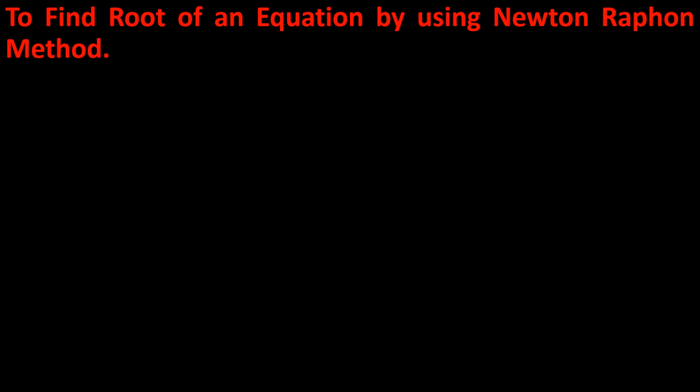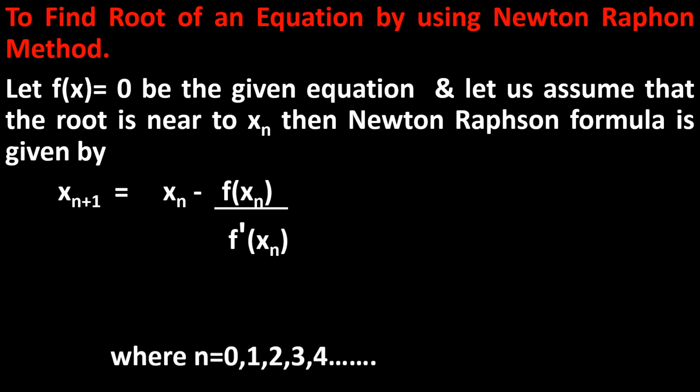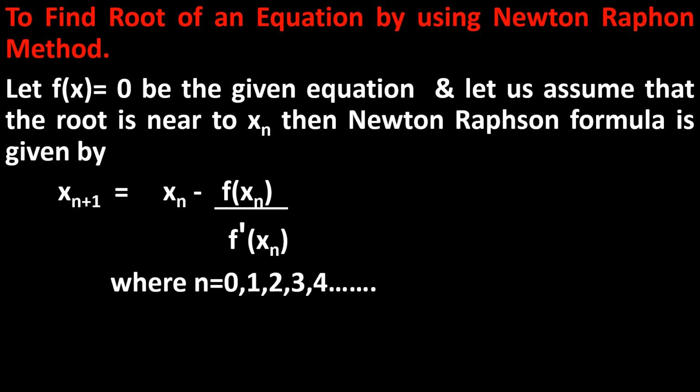Let f of x is equal to 0 be the given equation and let us assume that the root is near to xn, then the Newton-Raphson formula is given by xn plus 1 is equal to xn minus f of xn divided by f dash of xn, where f dash of xn is the derivative of f of x with respect to x, where n is equal to 0, 1, 2, 3, 4, etc.